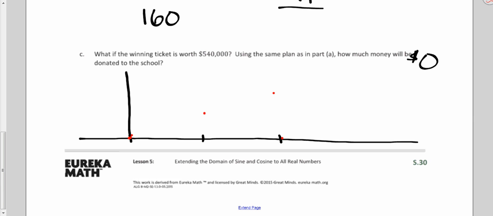Add all the numbers up. It's 301 times 300 over 2, so about 45,000. That's if every single one is sold.